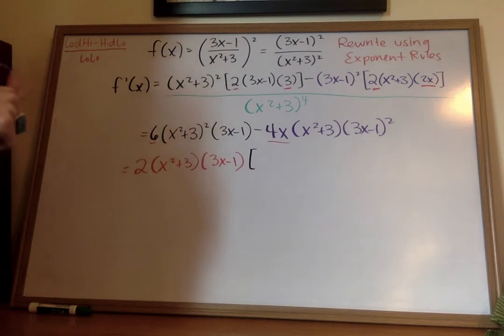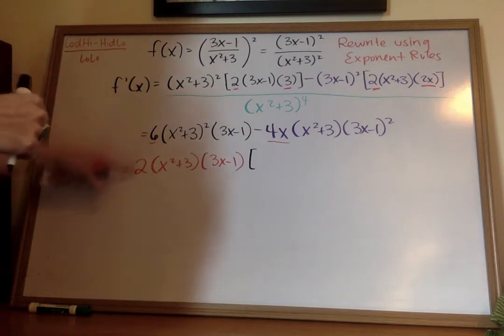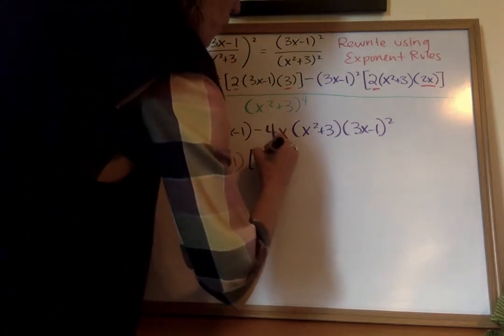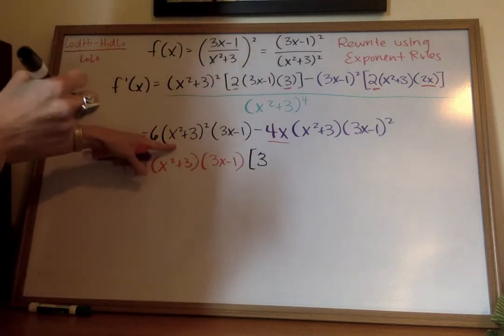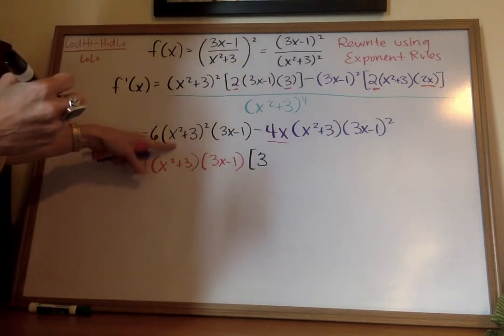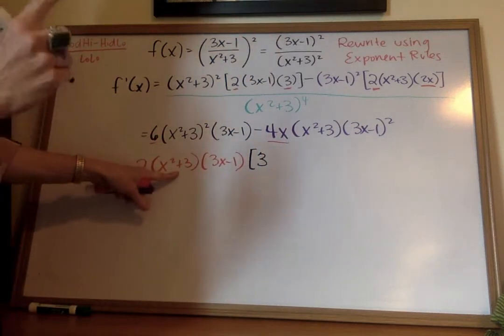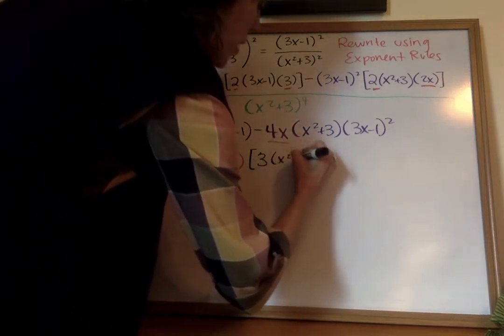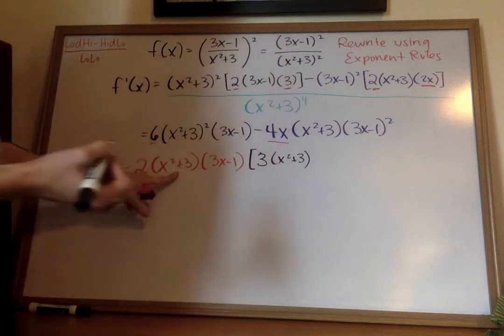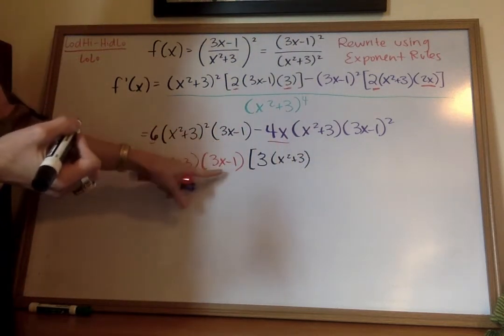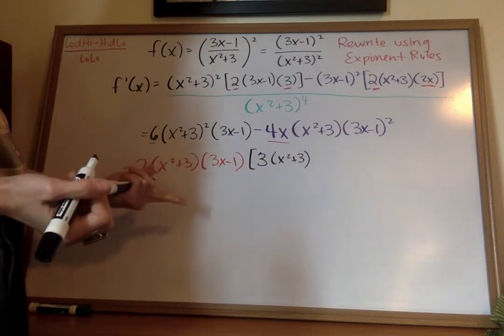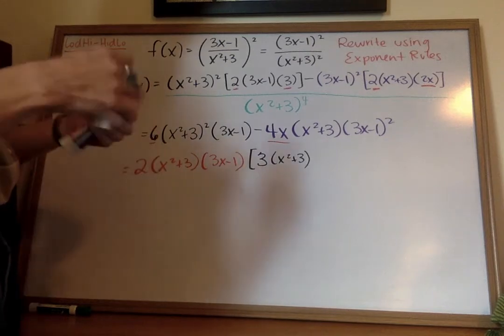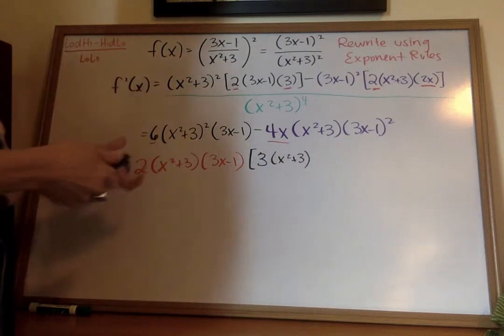From the first part of my numerator, 6 divided by 2 is going to give me 3. (x squared plus 3) squared divided by x squared plus 3 to the first power is going to leave me with one x squared plus 3 to the first power. 3x minus 1 divided by 3x minus 1 is just going to give me 1. Okay, so that's the first half of the numerator.